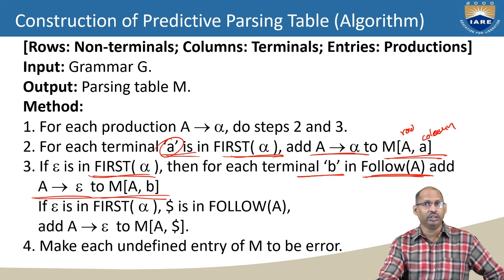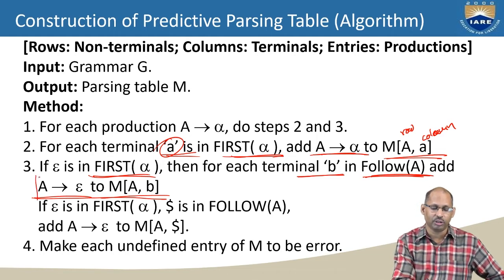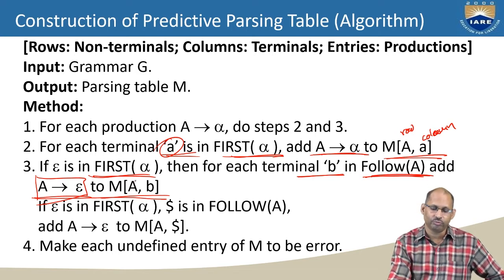If the follow of A has a terminal b, then for this combination M[A, b], we write the production A gives epsilon. We write A gives epsilon in all the columns of b in row A. This is a row, this is a column.